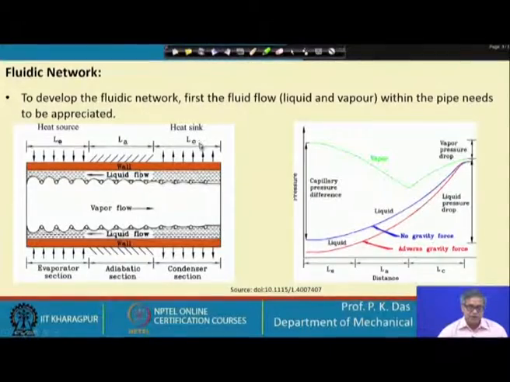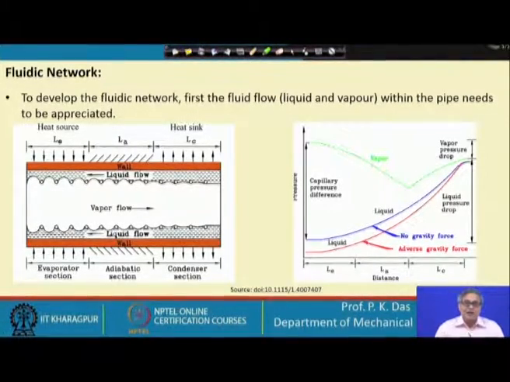So, here heat is being extracted. So, here it will get into liquid state and that liquid will return through the wick structure to the evaporator section. So, this will continue. This is our fluidic network. Vapor, liquid, liquid, vapor. So, again we can see that evaporator to condenser, condenser to evaporator. So, this is our fluidic network.